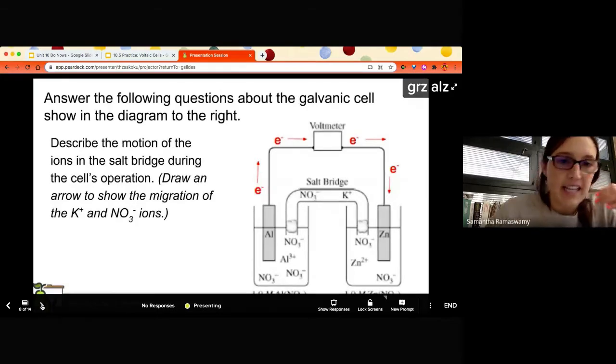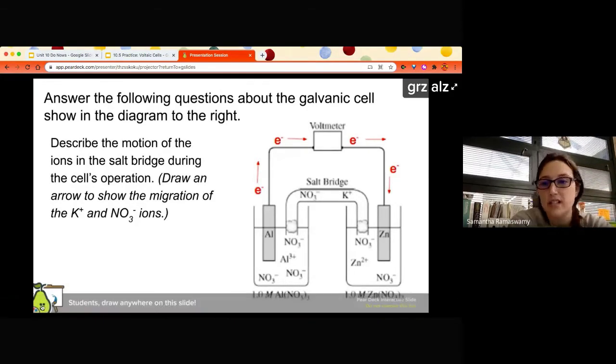Okay, so now we're drawing again. This is the same picture again. We now know that aluminum is the anode and zinc is the cathode. And this says describe the motion of the ions in the salt bridge during the cell's operation. So I said draw an arrow to show the migration of the K plus and NO3 minus ions. So two arrows again, one for K plus, one for NO3 minus.